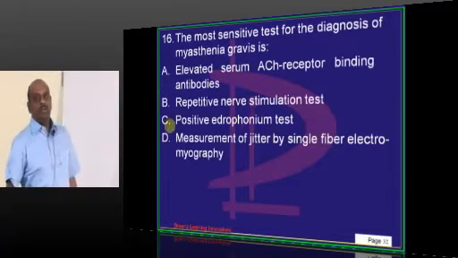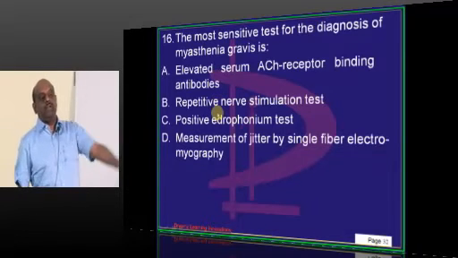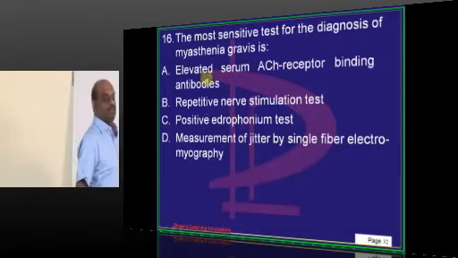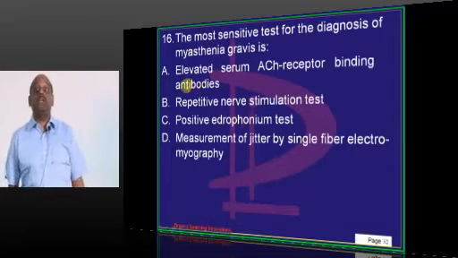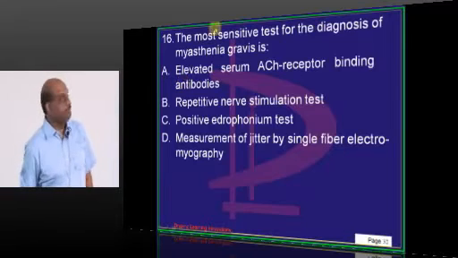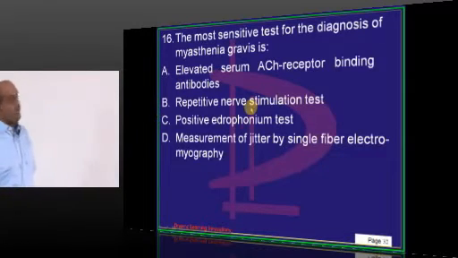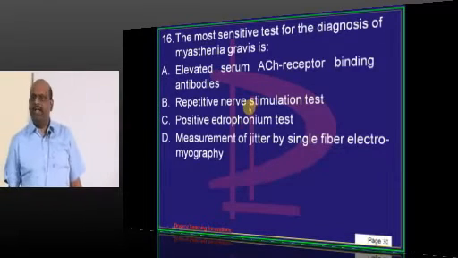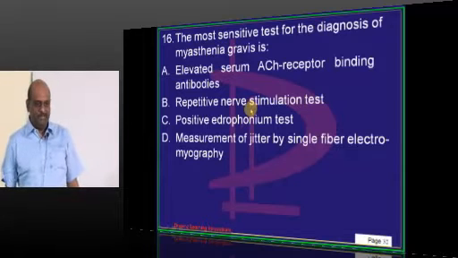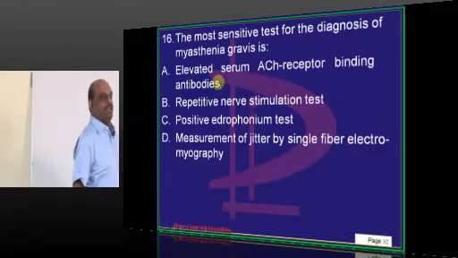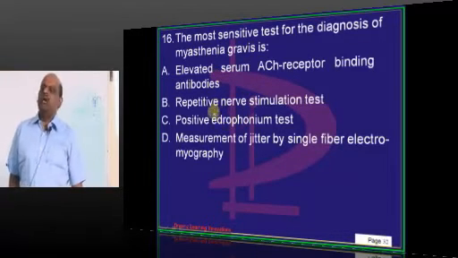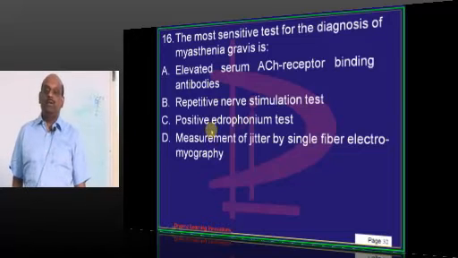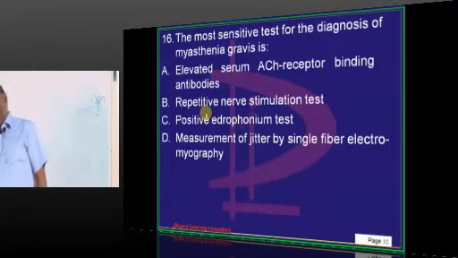Now doctor, what are the most sensitive tests to diagnose myasthenia gravis? You like to say? C. Positive edrophonium test. That is the only test that we know about myasthenia, I believe. Okay doctor, what will edrophonium do? Oh, tell us. Superb.